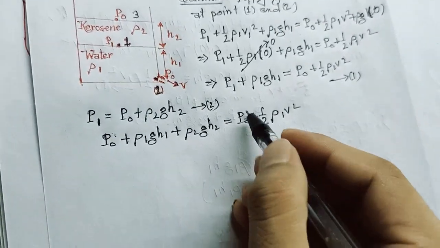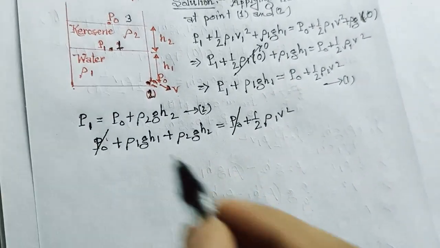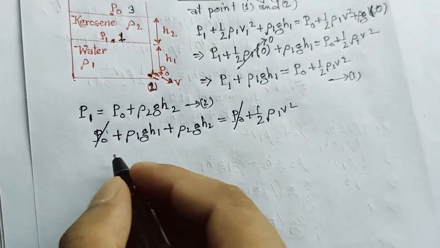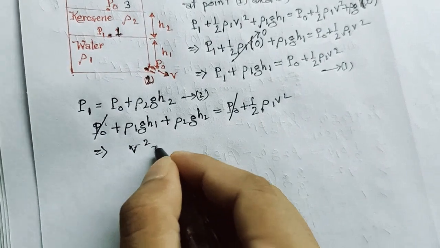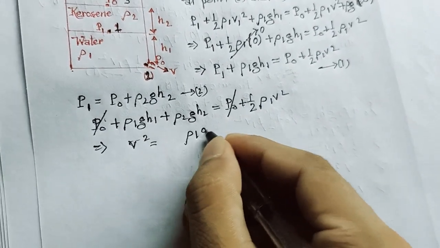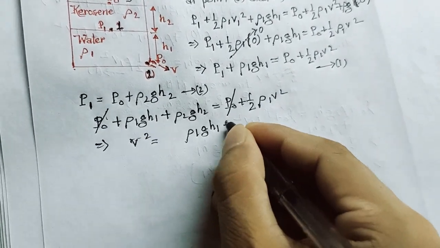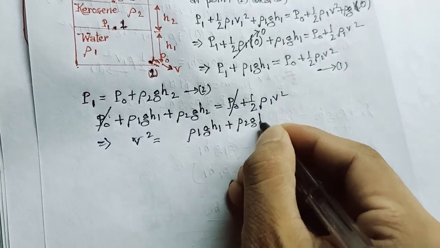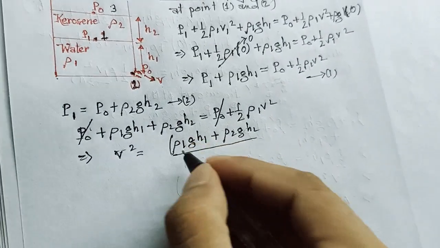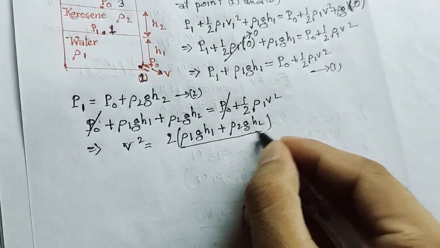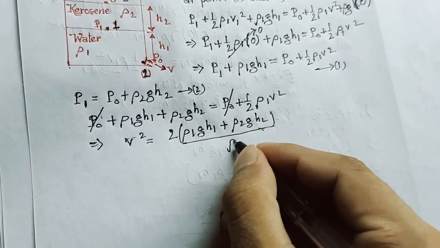Now we can cancel the P0 term from both sides. After cancelling, v square will be equal to 2 times rho 1 g h1 plus rho 2 g h2, divided by rho 1.